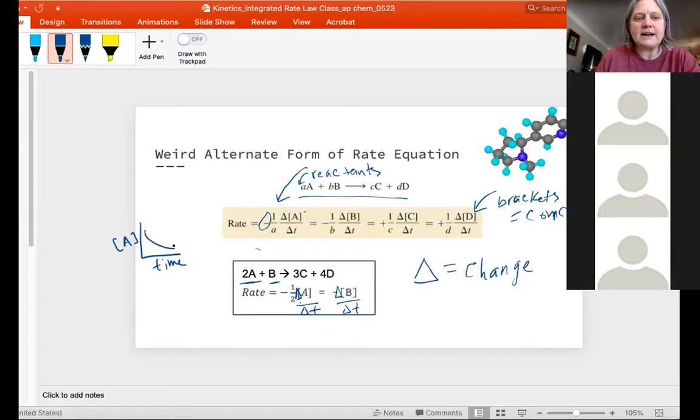It's a reactant, so it's going to go down over time. You can't find the slope of a curve. You can find the slope at one point of the curve, one small section, but then the slope is going to be slightly different. So if you integrate this, you can actually get the time for the whole thing. But I wouldn't worry about it. That's why they're called integrated rate laws. They're not going to ask you about that.